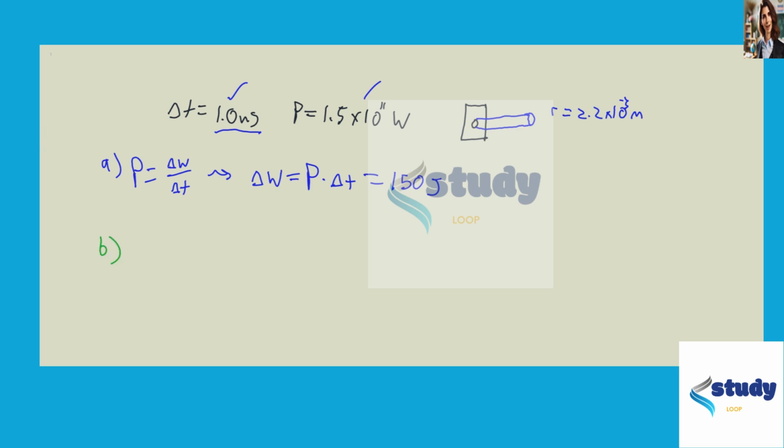Part B, on the other hand, is slightly more involved, but it's not impossible, as we'll see. So we want to find the RMS electric field, and we can find that from the intensity, which is power per unit area.